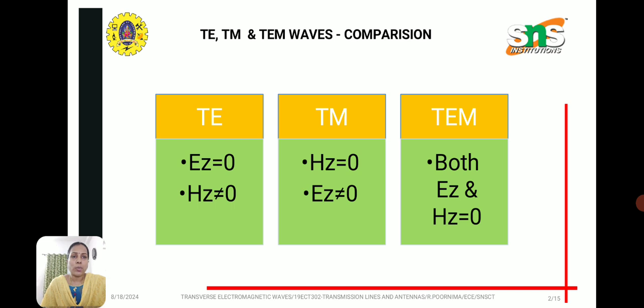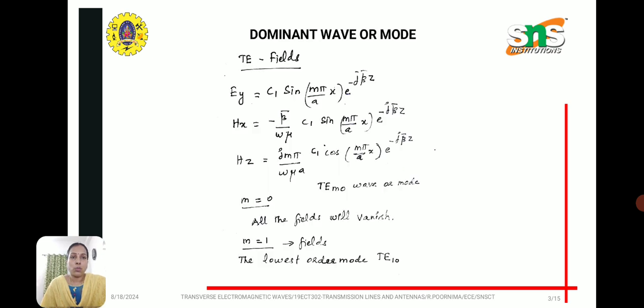In transverse electromagnetic wave, TEM mode, both the components Ez and Hz are 0. This is the dominant mode or dominant wave. For the TE fields, the components present in the wave during electromagnetic wave propagation are Ey, which is given by the equation C1 sin(m pi by a times x) e power minus j beta z, where beta refers to the phase shift constant and z is the direction of propagation, and other fields are Hx and Hz.